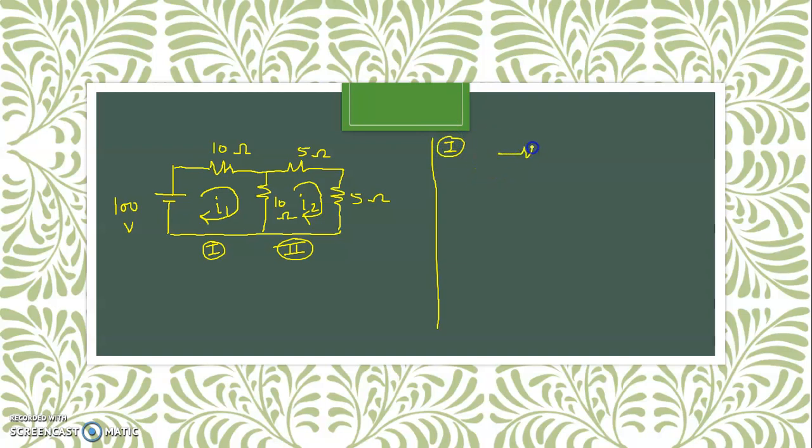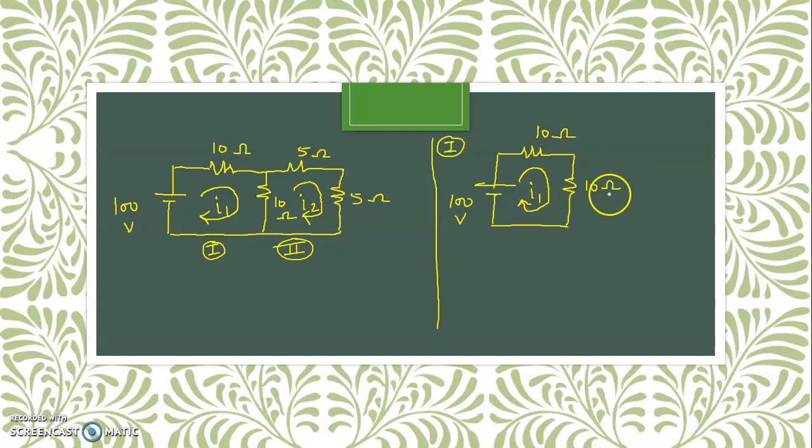There is one resistance of 10 ohm, one voltage source of 100 volt, and this intermediate resistance of 10 ohm is connected. Now this current I1 is the loop current passing through this particular loop for which we are writing the expression by inspection.